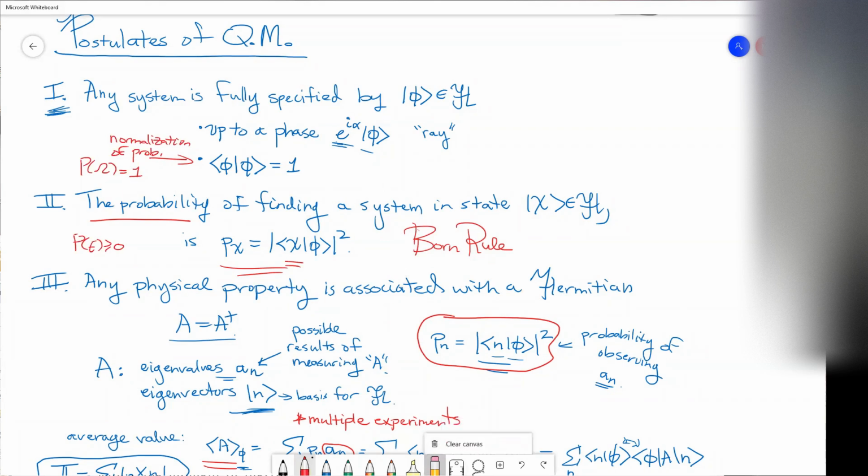All right, I'm going to clear this. Okay, so in 3, you can think about 3b. It's not a separate postulate necessarily, but say we measured some outcome.